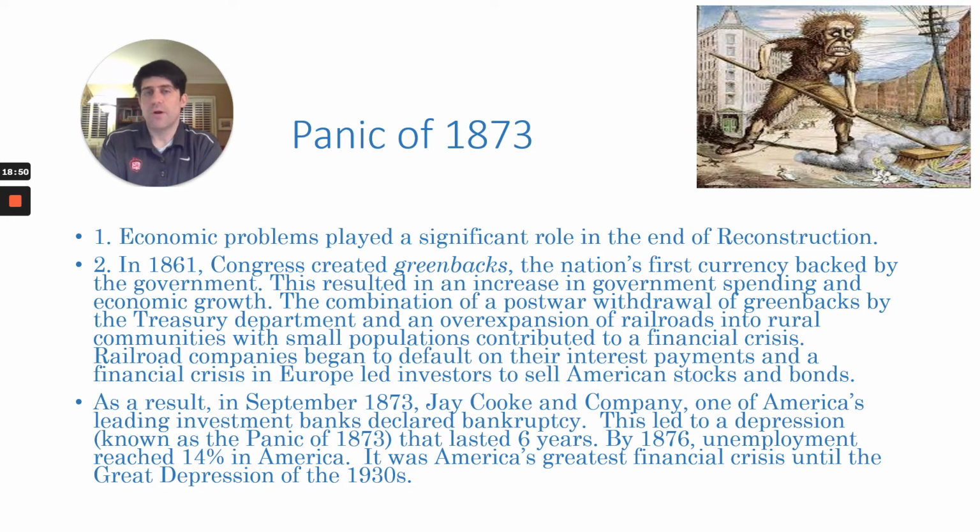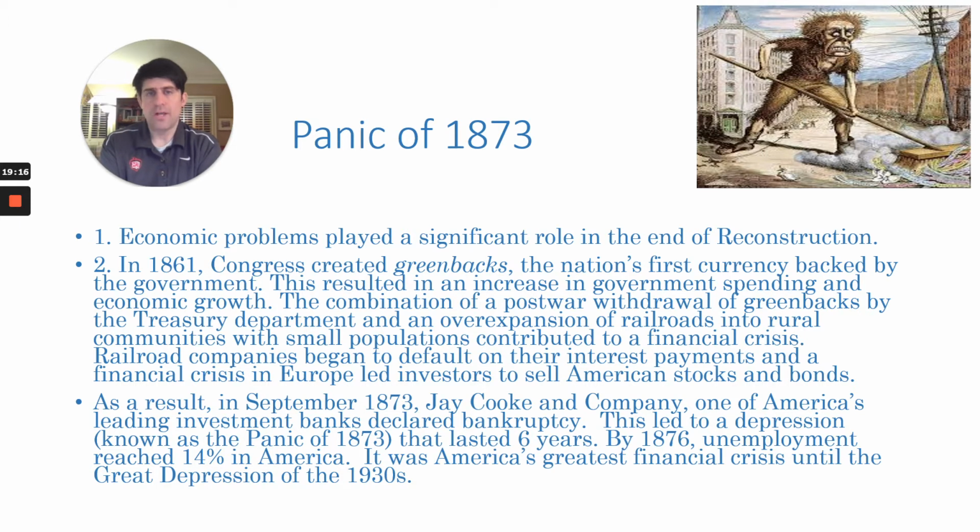During the Civil War era, a decade or so before the Panic of 1873, Congress created greenbacks as the nation's first currency to be backed by the federal government. This was a popular initiative at the time.